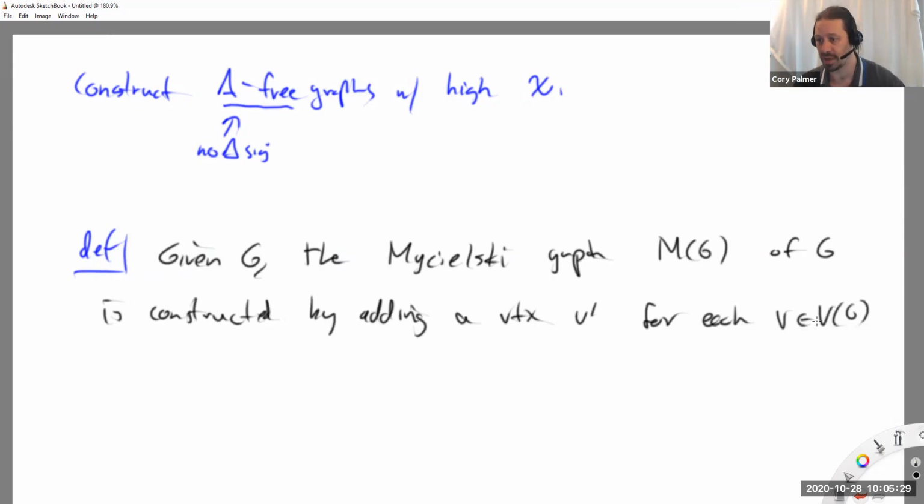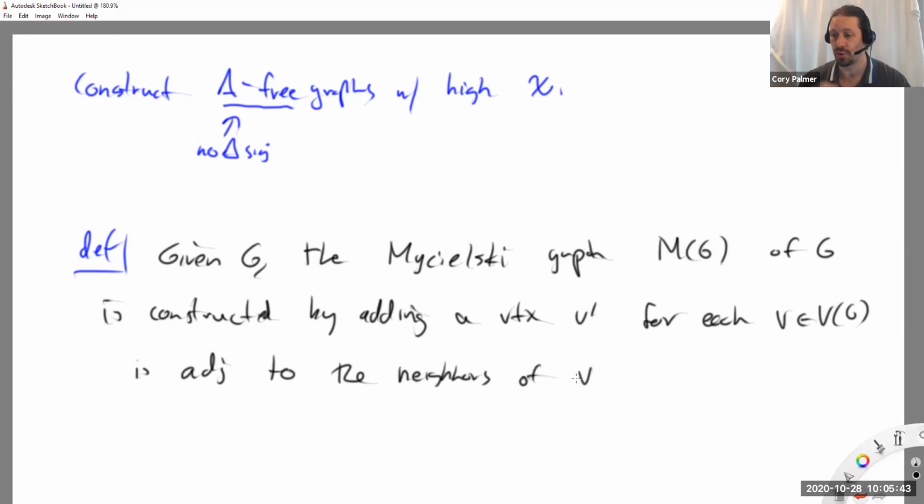So you duplicate every vertex, and that new vertex V prime is adjacent to the neighbors of V. So each vertex you copy and join it to the neighbors of that other vertex. So it looks identical to the original vertex. It's not adjacent to V itself, though.